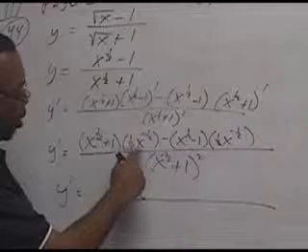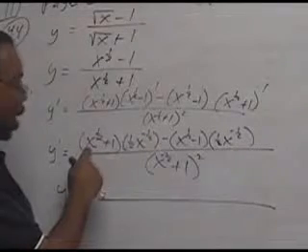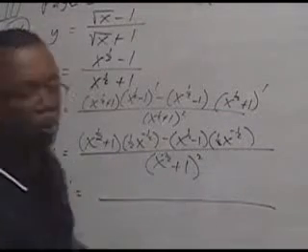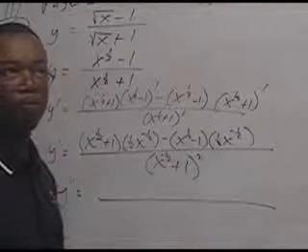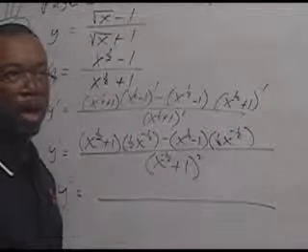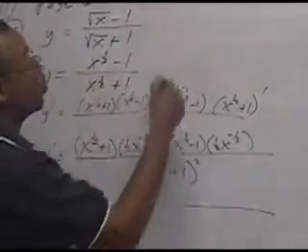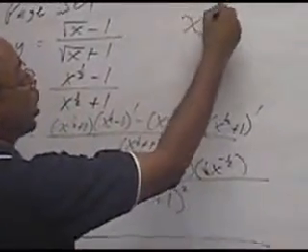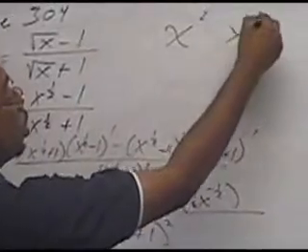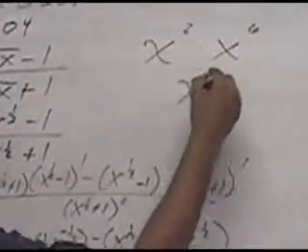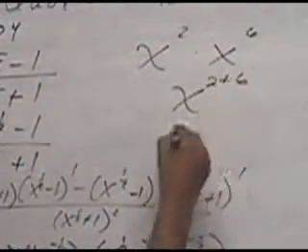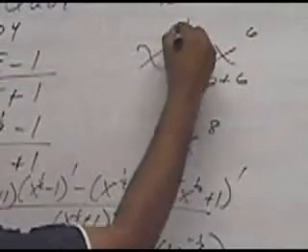Okay, now let's distribute these terms. The 1/2 x to the negative 1/2 times the x to the half, we're going to have to combine exponents. For instance, if we have x to the second power times x to the sixth power, we get to add exponents. Well, here, this is x to the 1/2, and this is x to the negative 1/2.